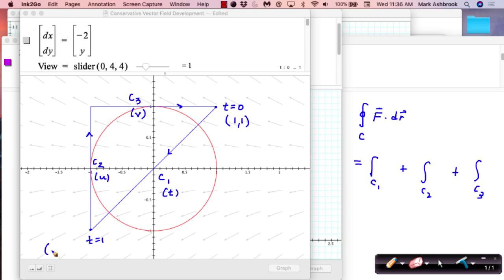And this is the point -1, -1. So a helpful technique is set the starting point of your segment to t equals 0 and the ending point of your segment to t equals 1.